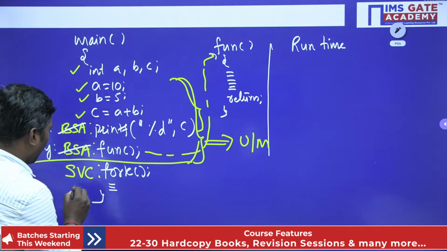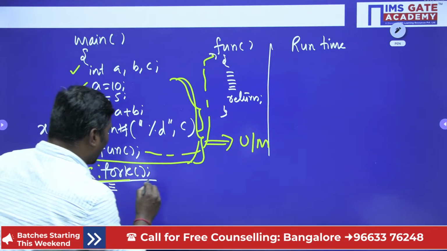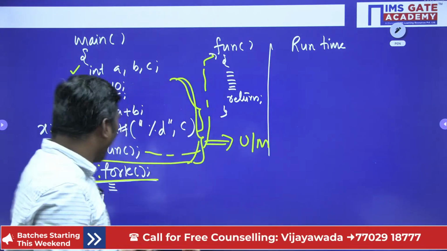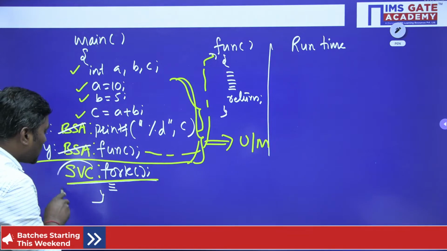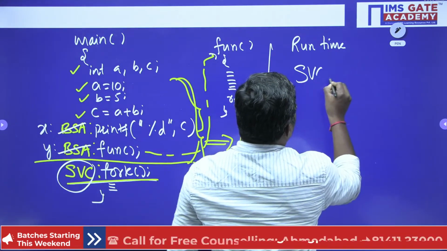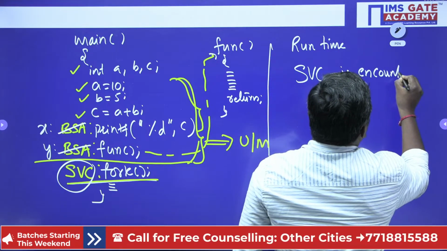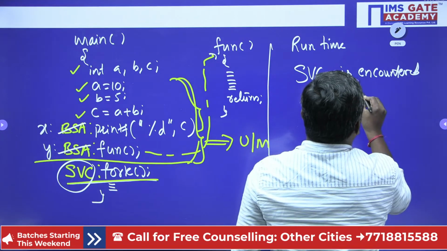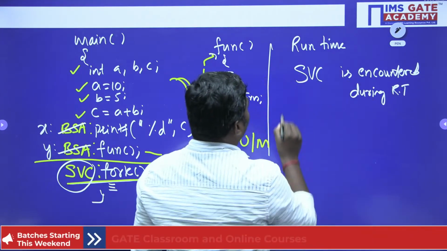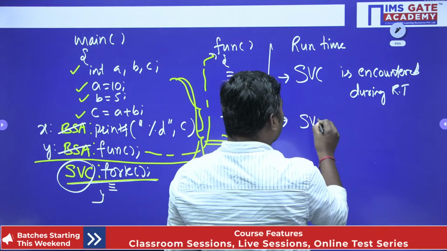Now whenever this fork is encountered, the fork you have to run in what? Kernel mode. So first of all, what is going to be encountered? First SVC is going to be encountered. So I am writing: SVC is encountered during runtime. SVC encounter means SVC executes, right?